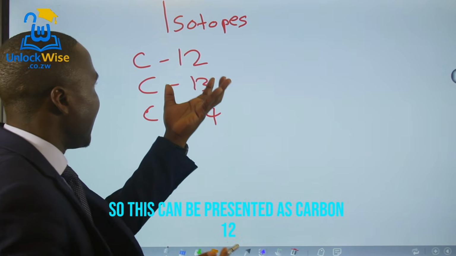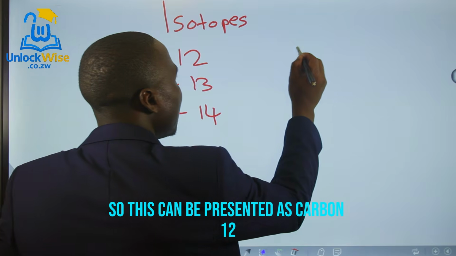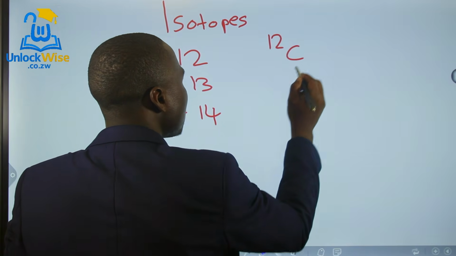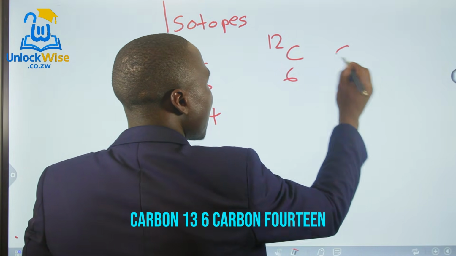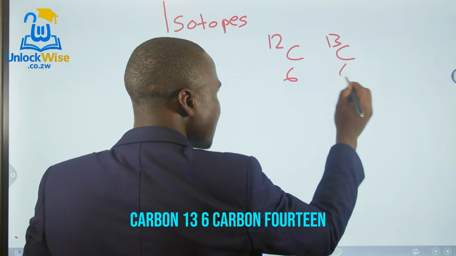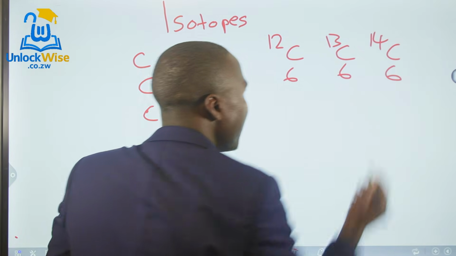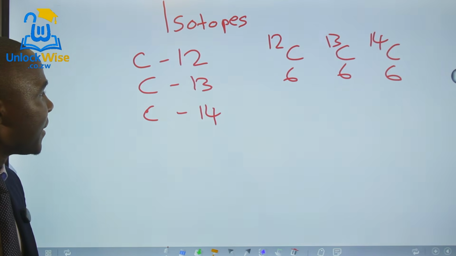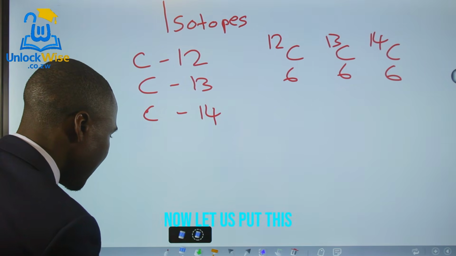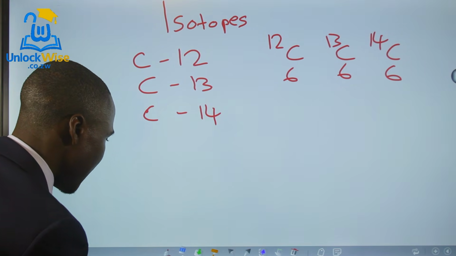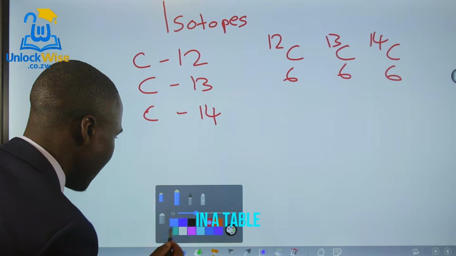So this can be presented as carbon 12, 6, carbon 13, 6, carbon 14, 6. Now, let us put this in a table.